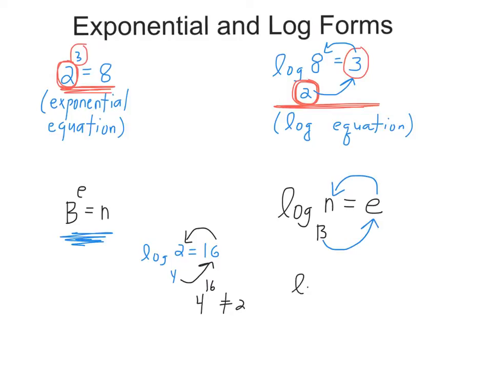Instead, this should be log base 4 of 16 equals 2 because 4 squared is 16. So when you are writing an exponential equation in log form, make sure that what you're writing is actually true. Whatever you have here in the bottom, in the basement, you have to then raise it up to something, and then that will give you that number.